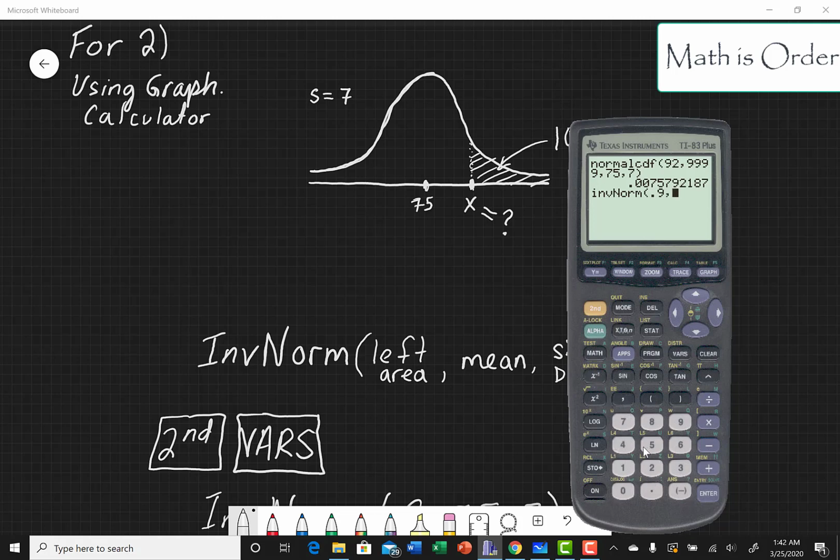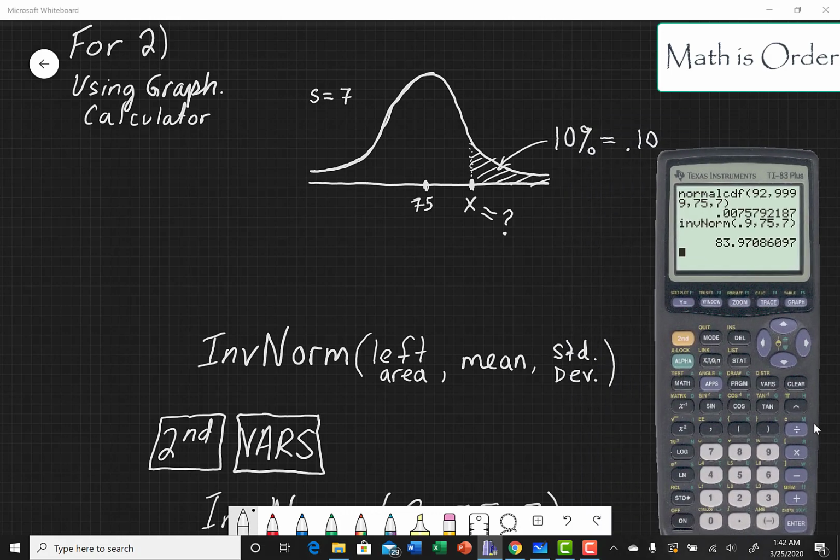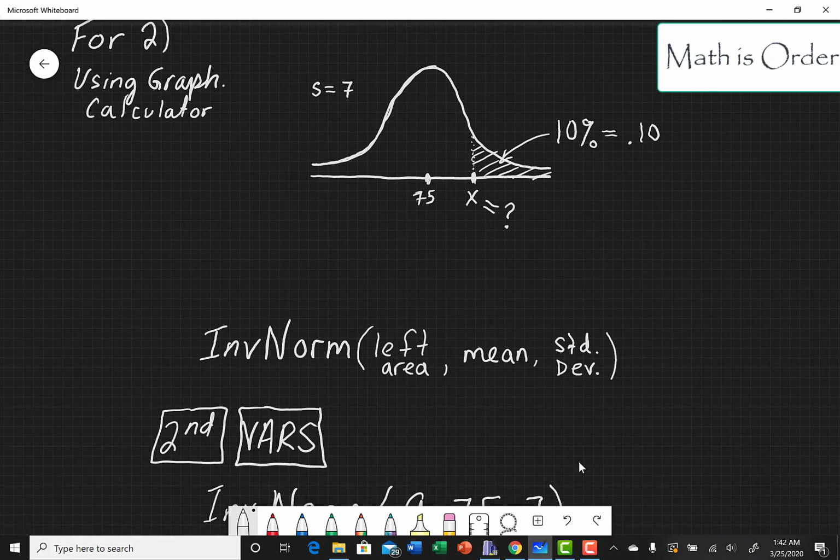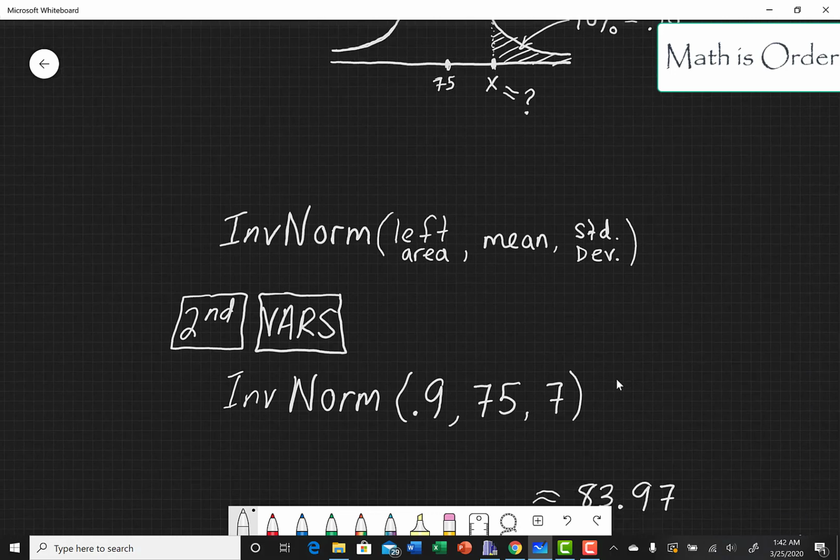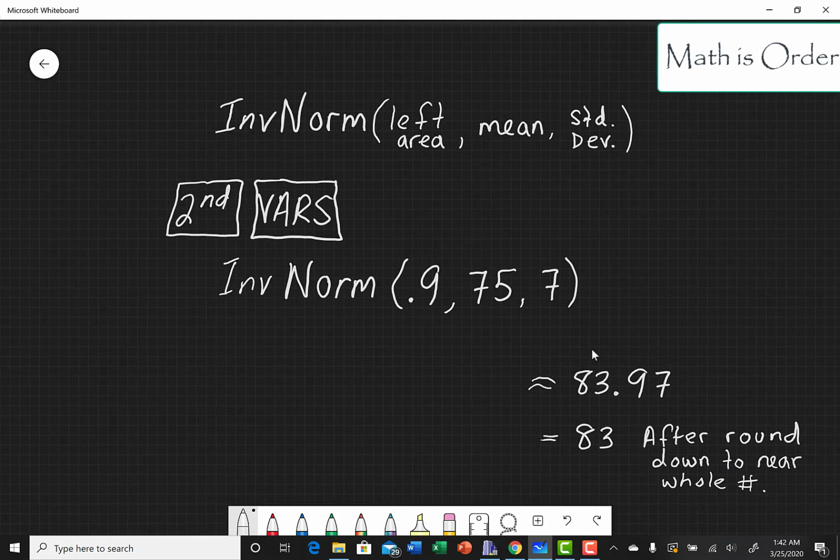Then the mean, which is 75, comma. And then 7, and then enter, and our answer will pop out. And you can see it's 83.9, which is what we had before when we did the last one. And then when you round down, you get 83, right? To the nearest whole number down.